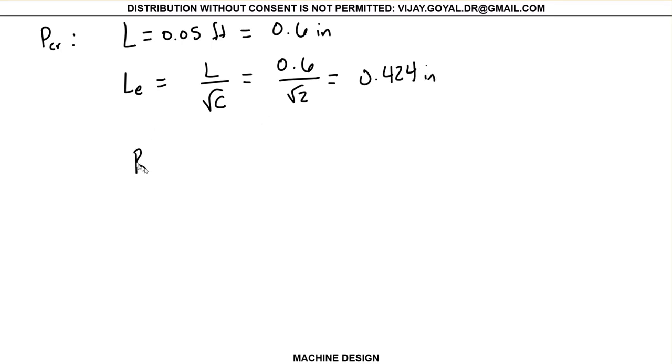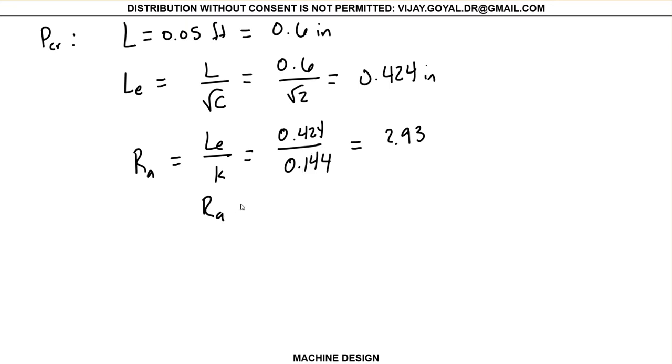And you find your actual slenderness ratio. This is LE over your radius of gyration, 0.424 over 0.144, which is equal to 2.93. So what you can see is that your RA is actually less than 10.